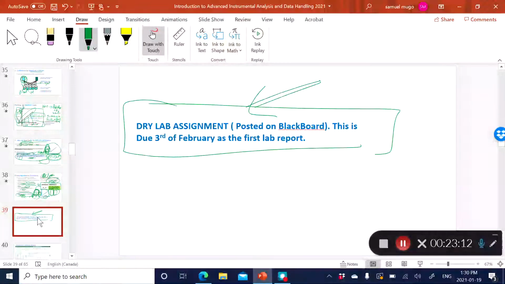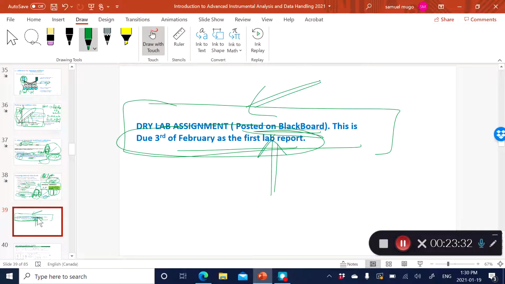So I've already posted the dry lab for you on Blackboard. It's got, I guess, 4 different questions using different calibration methods. You are supposed to do the calculations and submit the report back on the 3rd of February, which will account for your first lab report.